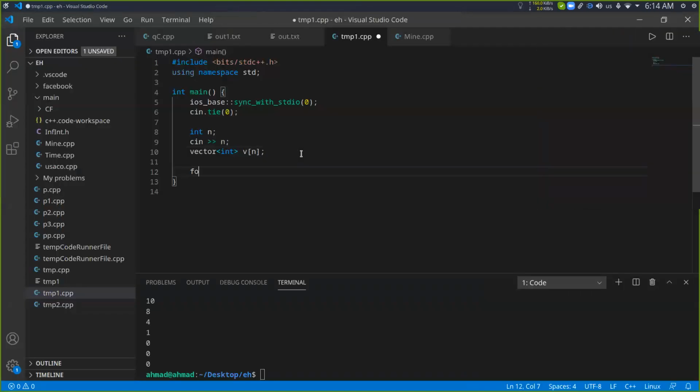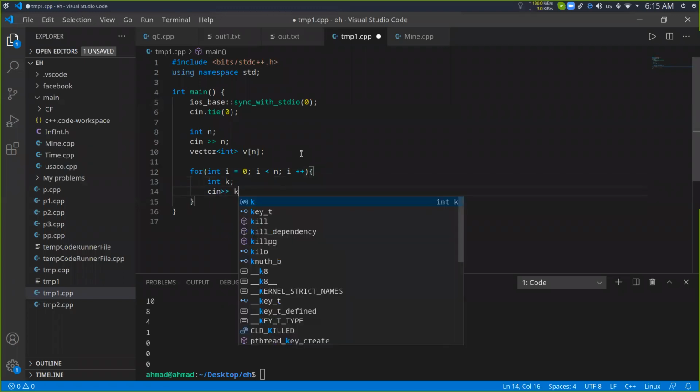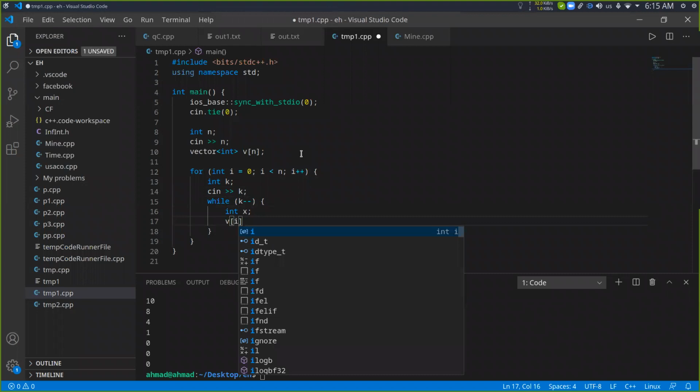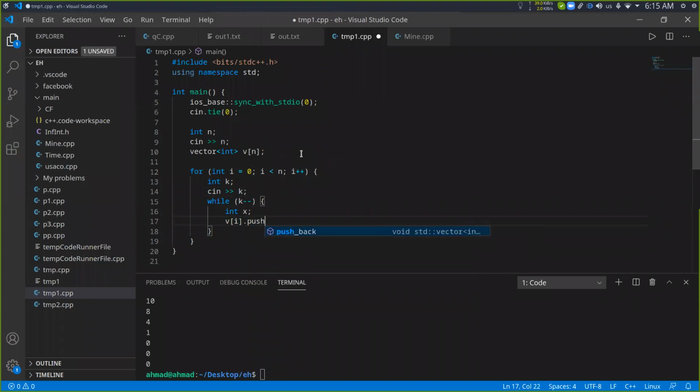And then we take the number of bridges, which is k. And then for each of the k, we'll take some bridge x, and to v of i, sector i, I'll add bridge x.